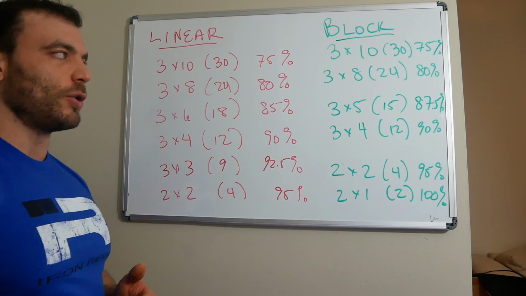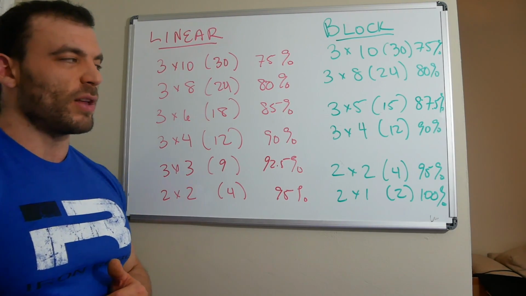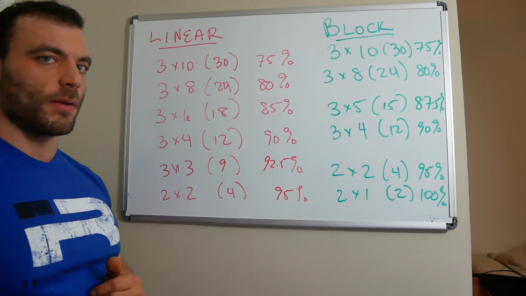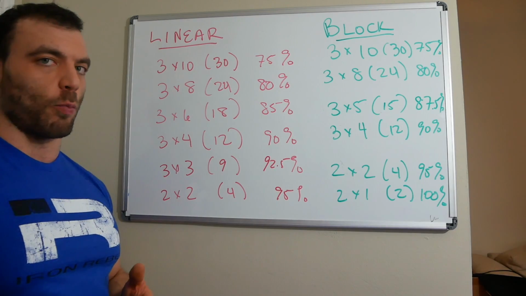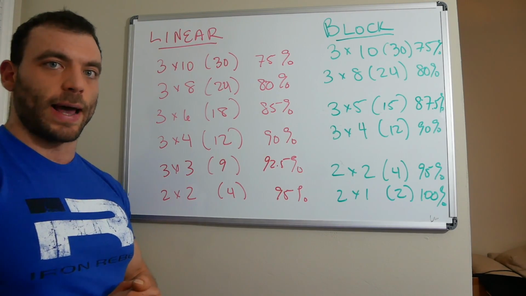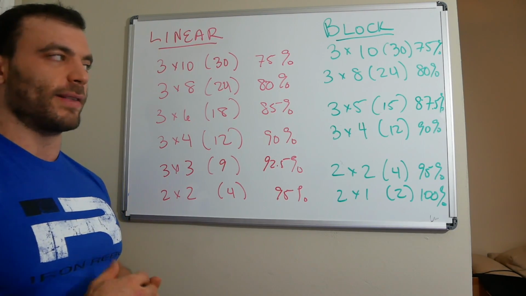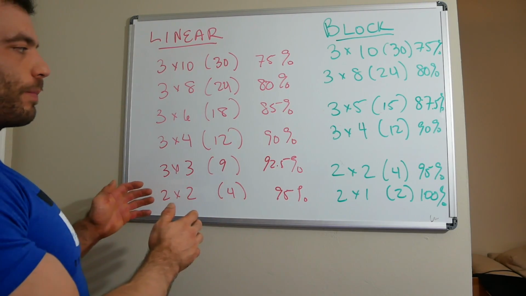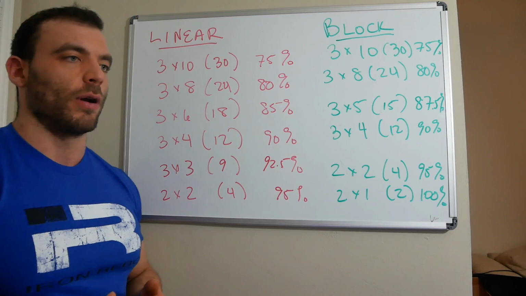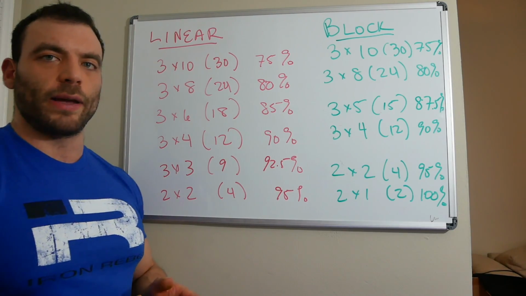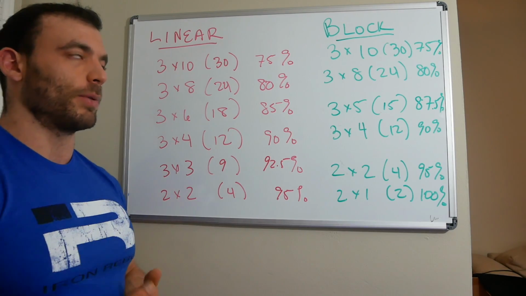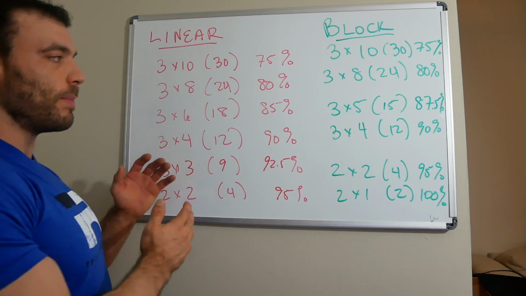So a set that you hit at 80% no problem, then you jump up to 87 and 90, now all of a sudden, something that should have been easy in terms of a 1 rep max calculator, all of a sudden it's very difficult because technique becomes an issue where it wasn't before. And that's why I prefer the linear periodization method, especially if you're still starting out, in that beginner intermediate phase and you're not 100% confident in your technique, or at least 90% confident in your technique. I think you'll be better off this way.